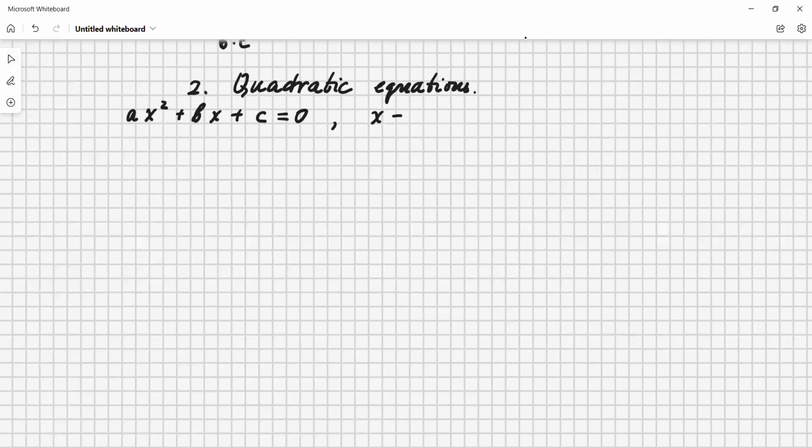Here, x is unknown, and a, b, and c are real numbers, and a is not equal to 0. If a is equal to 0 in this equation, it becomes a linear equation, which we already considered, right?